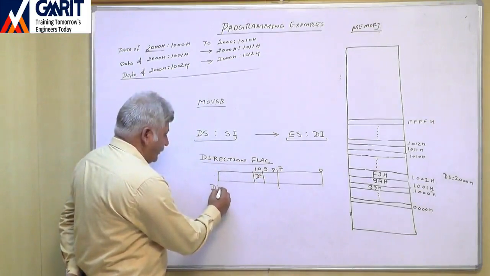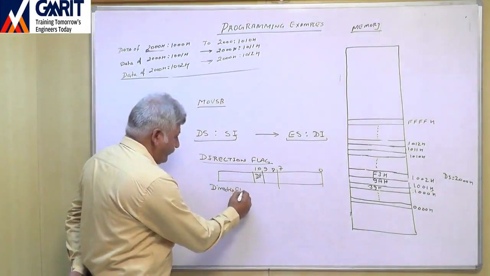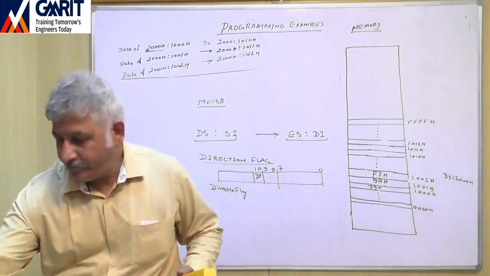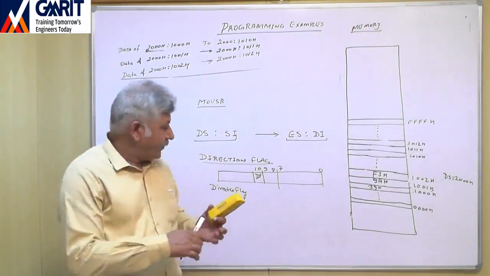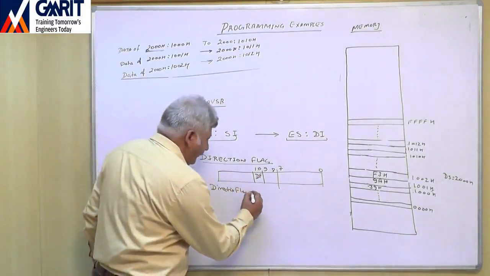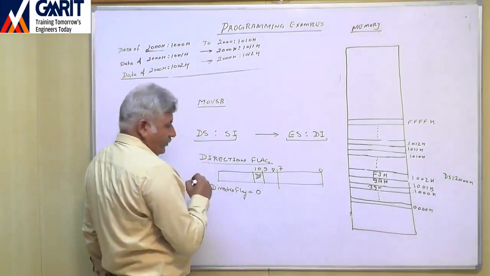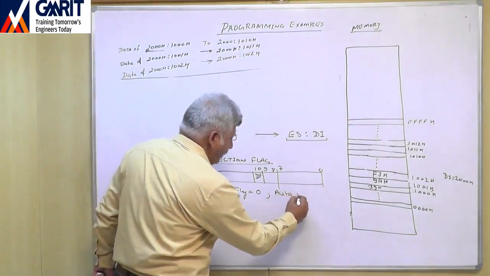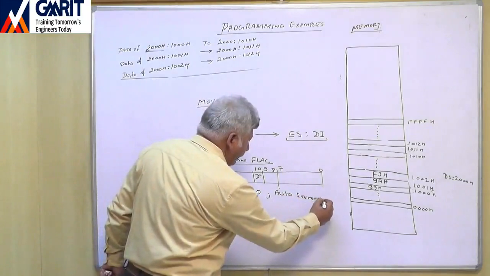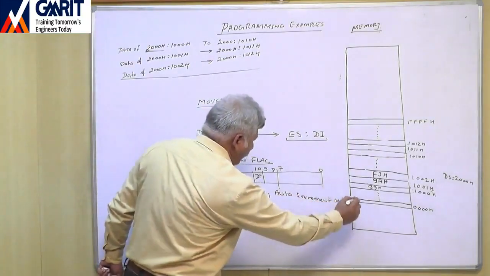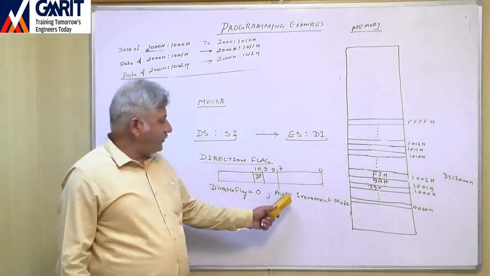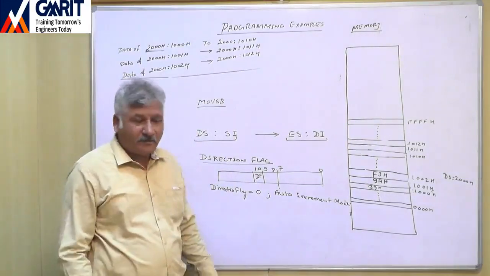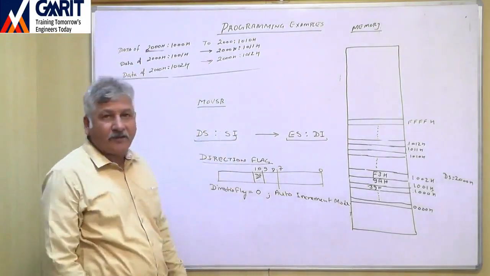So if the direction flag is 0, then our processor operates in auto increment mode, right? This direction flag is basically used with string instructions like move string byte or move string word.